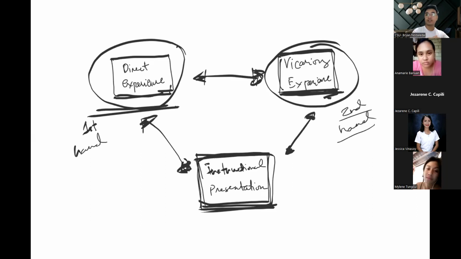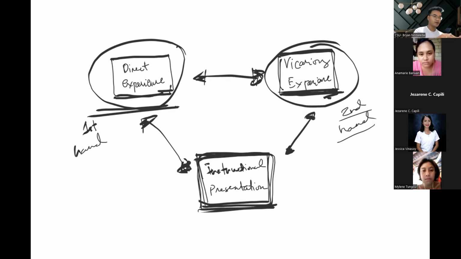That's a direct experience. Once they have the flowers already on their hands, then you can start teaching the parts of the flower, and that becomes instructional presentation. Okay, so they are overlapping. There are areas wherein these experiences overlap with each other. The direct experience, the instructional presentation, and vicarious experience.